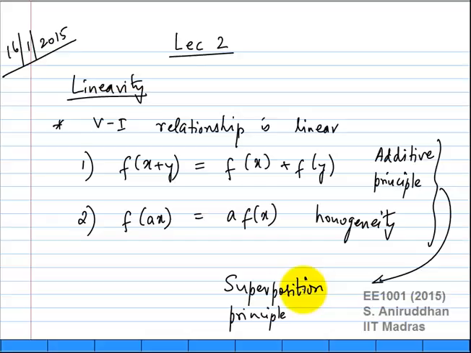Similarly, if I have a current I1 flowing through this, thereby developing a voltage V1 across the terminals, if I have 5 times I1 or 10 times I1, I need to have 5 times V1 or 10 times V1 voltage developed across the element. Is that clear? So this very clearly establishes the linearity of an element.